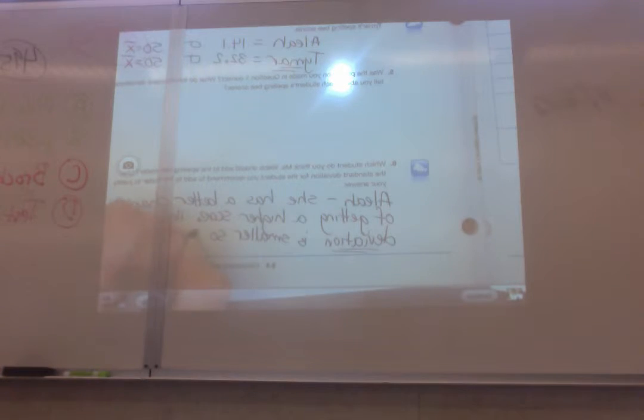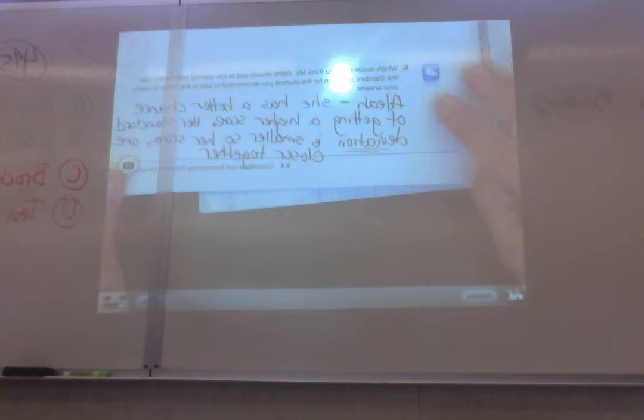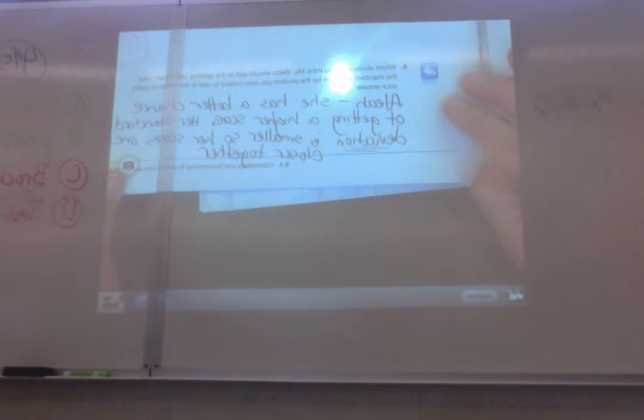So her scores are closer together. It's easier to predict how she's going to do. Timar might do as good as Aaliyah. In fact, on average, he does.